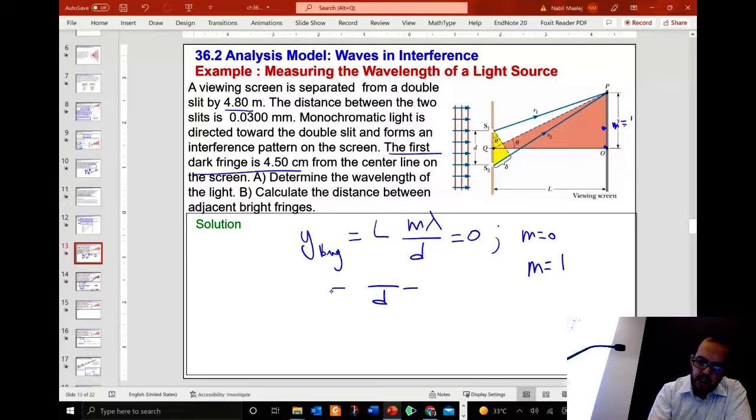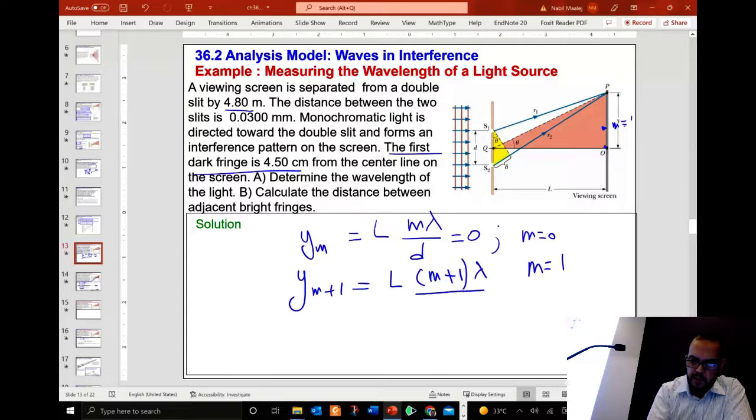Or you can do it in general. So this is y for m. Y of m plus 1 is going to be L times m plus 1 lambda over d, and you do ym plus 1 minus ym, you get L lambda over d.